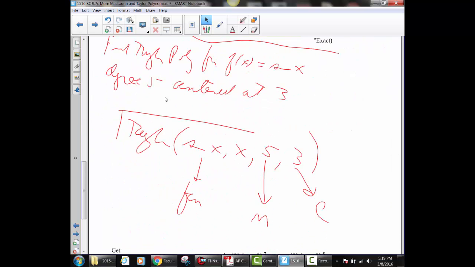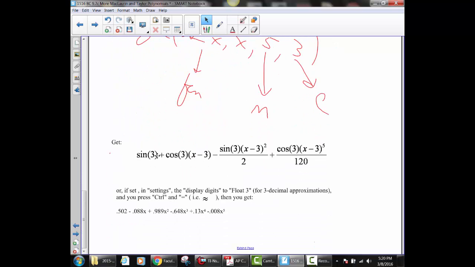For sine x, Taylor polynomial degree 5 centered at 3, it would be Taylor sine x, comma 5, 3. And what you would get is the following. If in settings the display digits are set to float 3, and you press approximately equals, it'll actually expand all those x minus 3 squares and x minus 3 to the 5th and add up all the like terms.